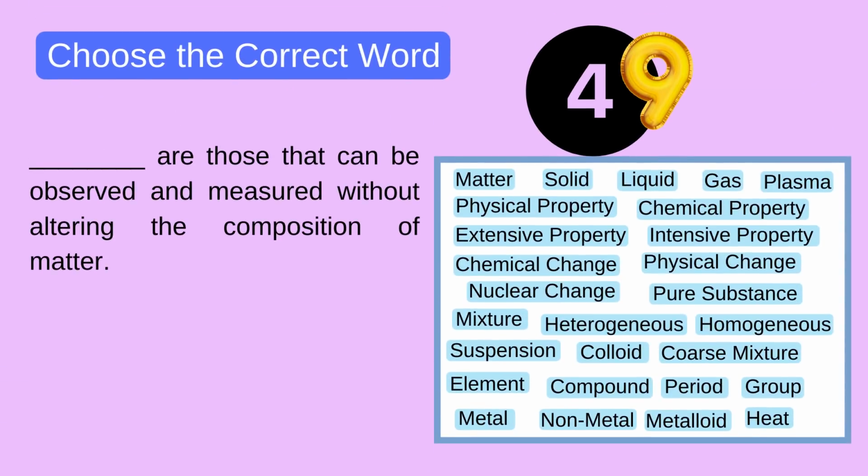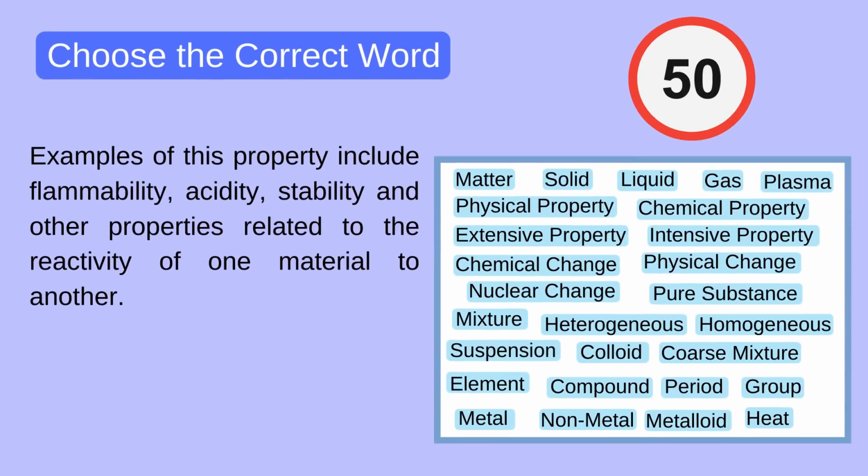Blank are those that can be observed and measured without altering the composition of matter. Examples of this property includes flammability, acidity, stability, and other properties related to the reactivity of one material to another.